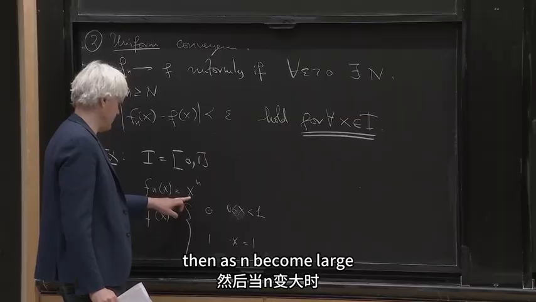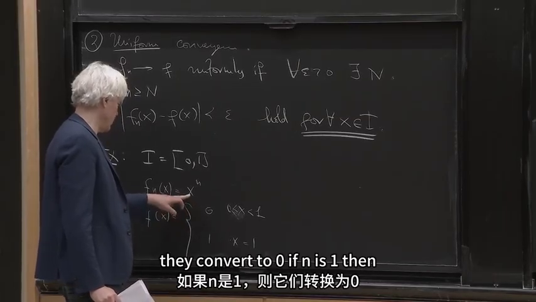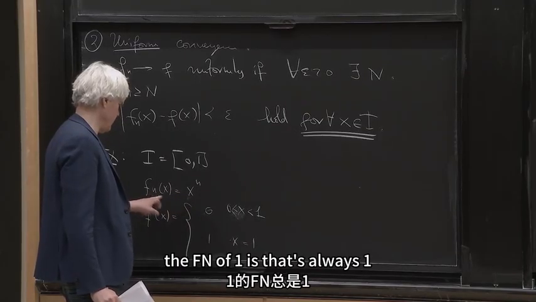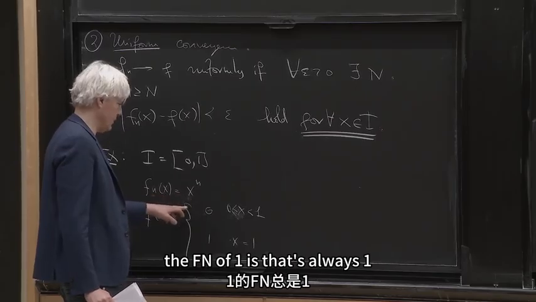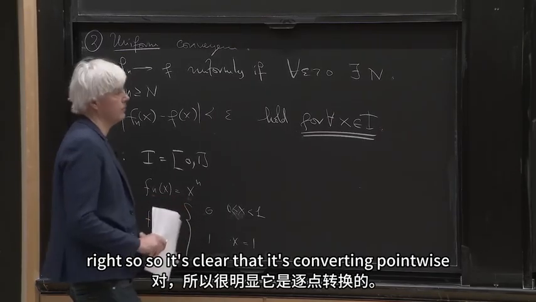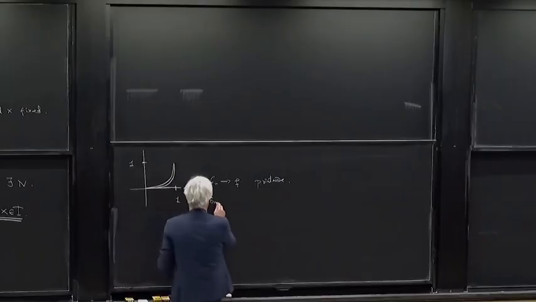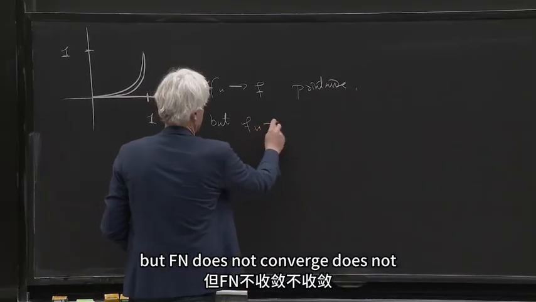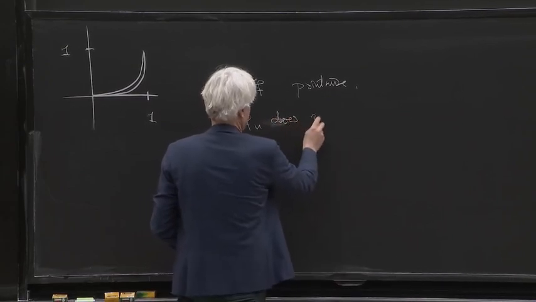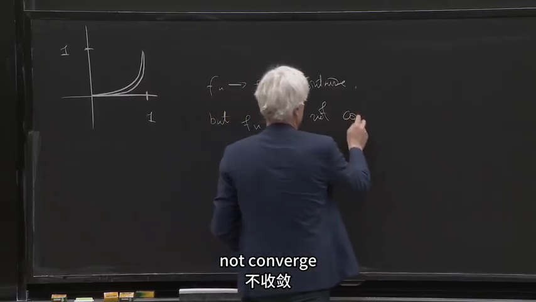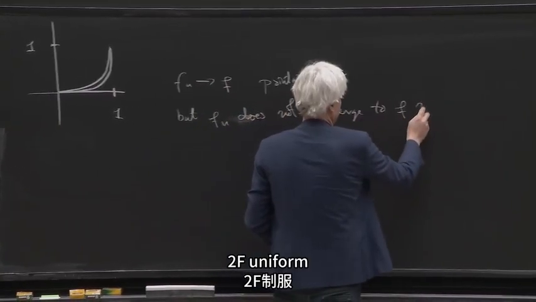If x is 1, then fn of 1 is always 1, right? So it's clear that it's converging pointwise, but fn does not converge to f uniformly.